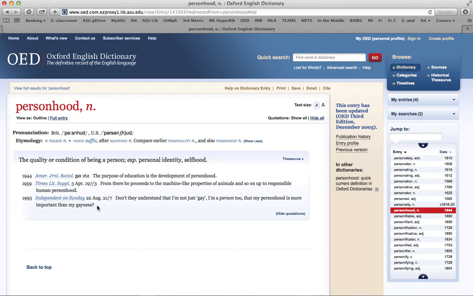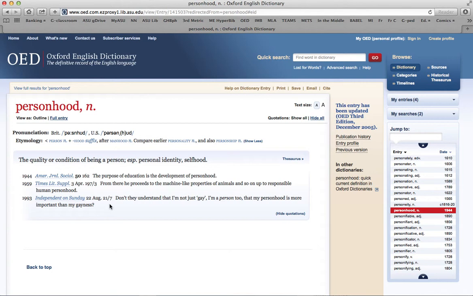So here, this is kind of a different definition, and if you can see where the first two examples kind of track up to this, especially personal identity, selfhood, maybe this later usage, closer to today, kind of links back to the general part of the definition, the quality or condition of being a person, or vice versa perhaps as well. So this is a little broader, and just the idea that my personhood is more important than my gayness.